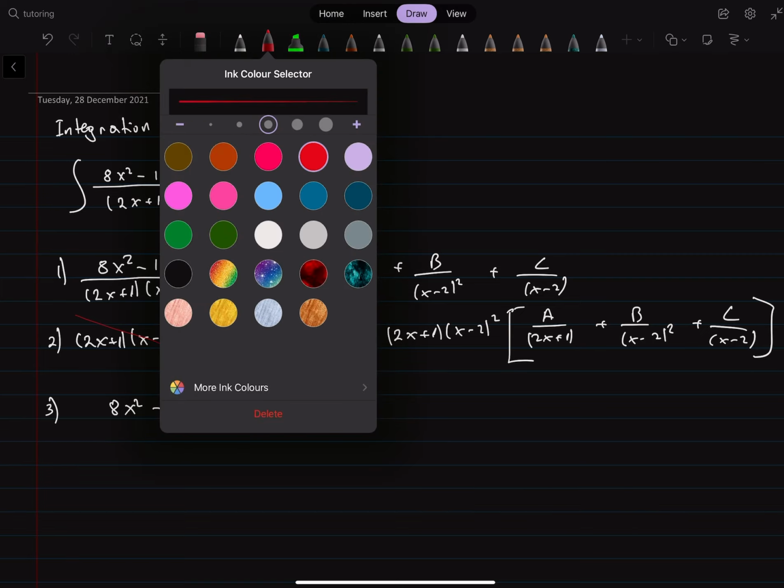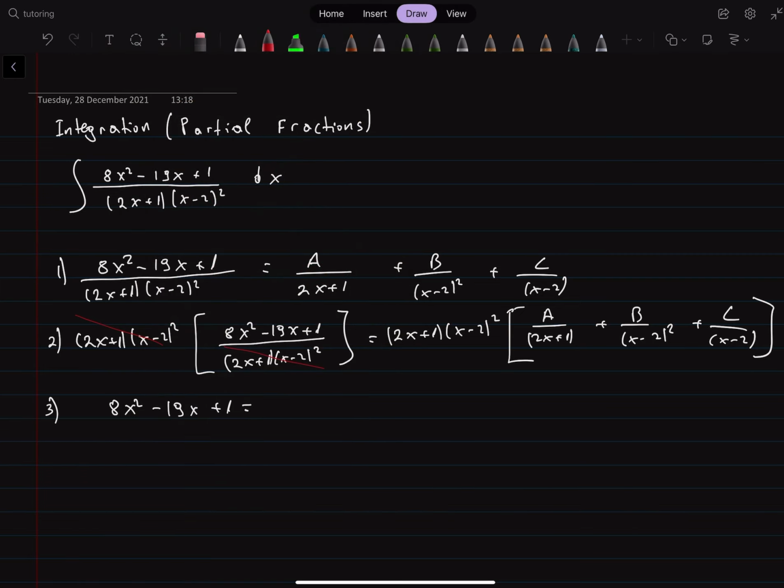For term A, we have 2x + 1 on the denominator, so this would only be left with A(x − 2)², because the other one simplifies. Then for term B, we have plus B(2x + 1), so the other one simplifies. And for the last one, we have plus C(2x + 1)(x − 2).